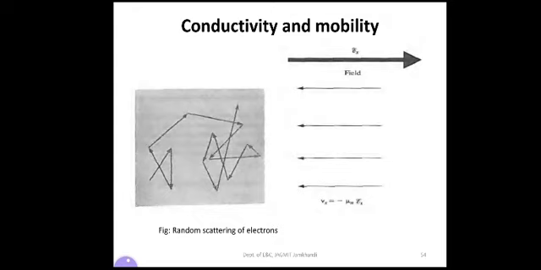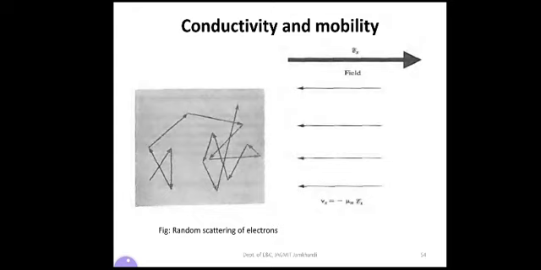The second figure shows the electric field, and the well directed drift velocity with an applied electric field. As you can see, epsilon x is the electric field direction, whereas the velocity of the electron is exactly in the opposite direction.